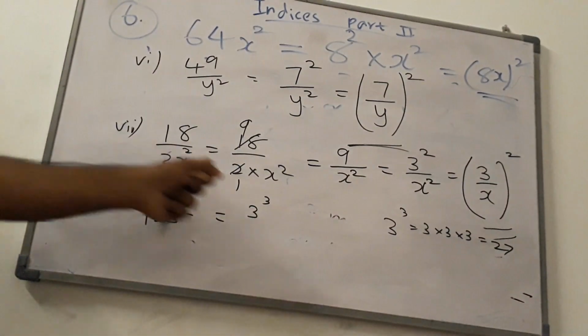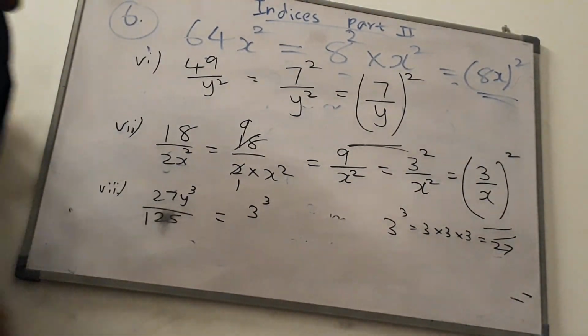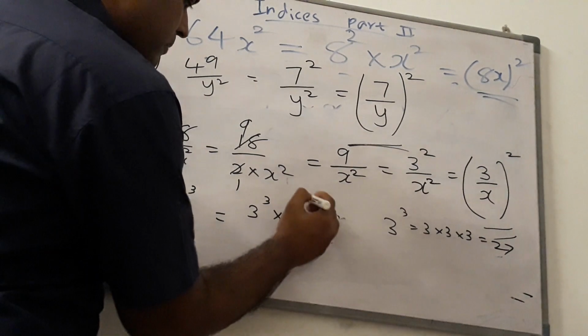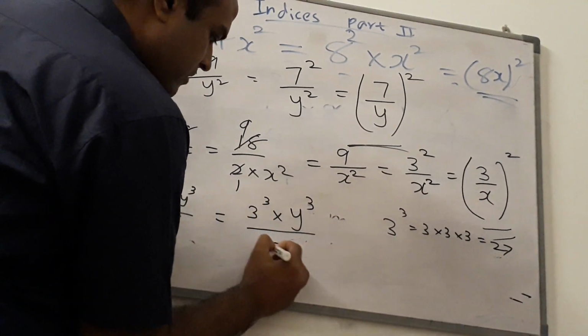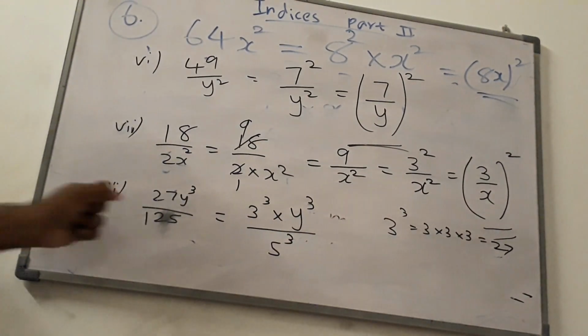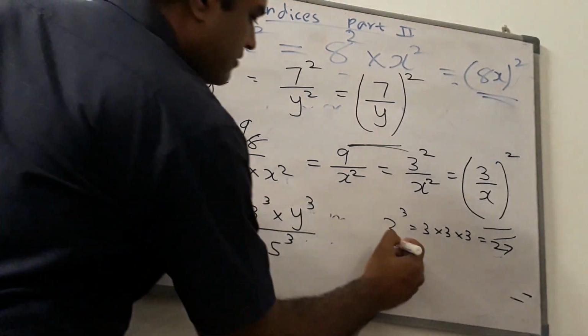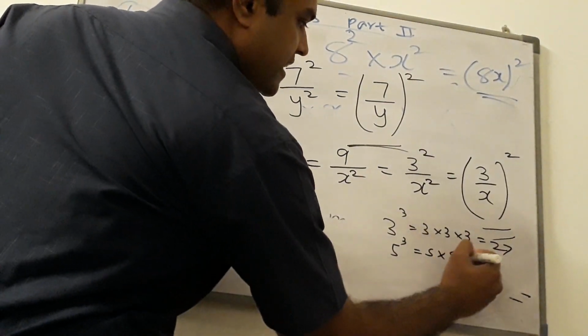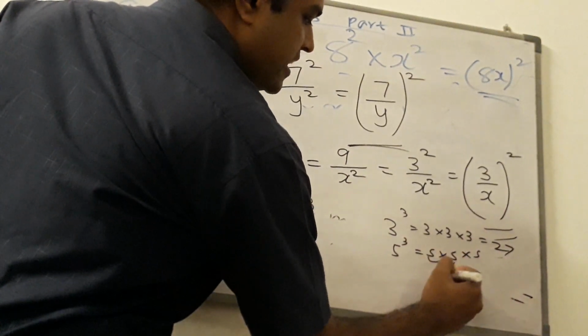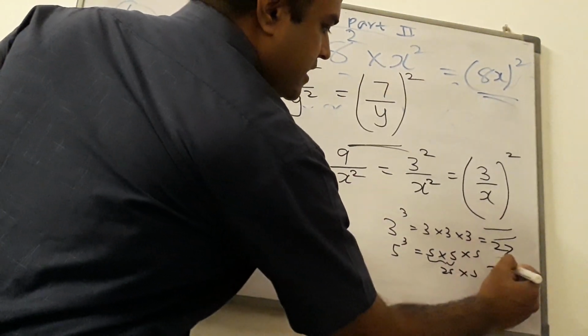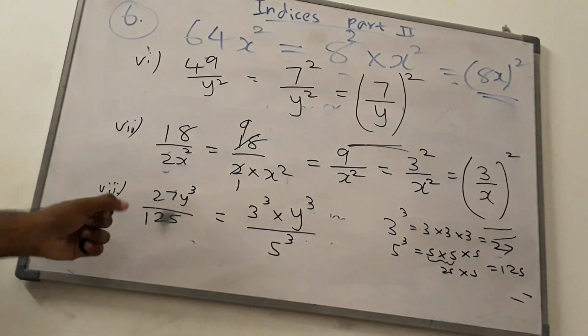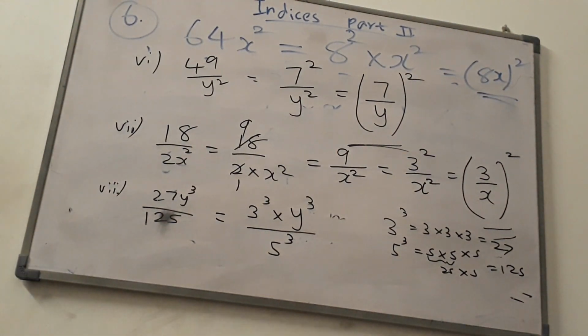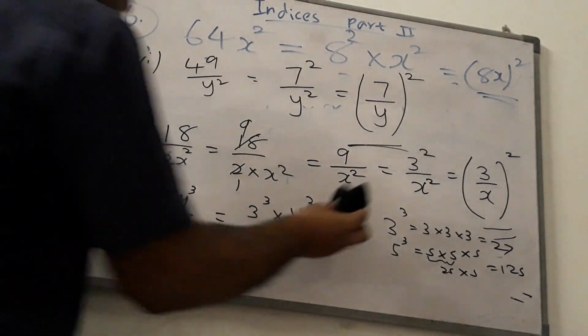So instead of 27 I wrote 3 to the power 3 times y to the power 3 divided by 5 to the power 3. 125 can be written like 5 to the power 3. Why? 5 to the power 3 is 5 times 5 times 5. 5 times 5 means 25. 25 times 5 means 125. So instead of 125, we can write 5 to the power 3 or 5 cube.